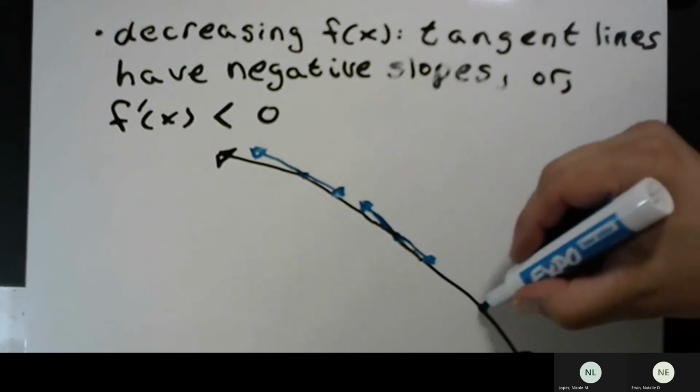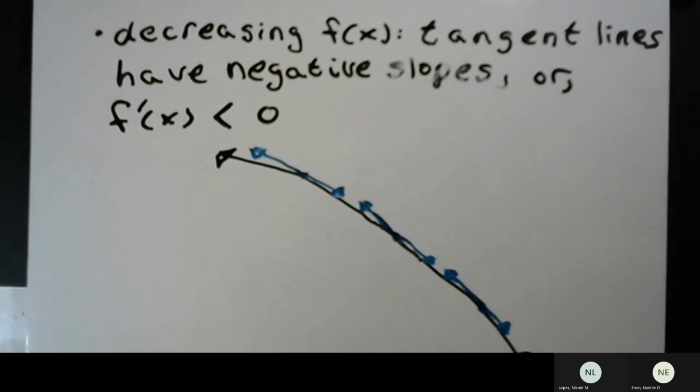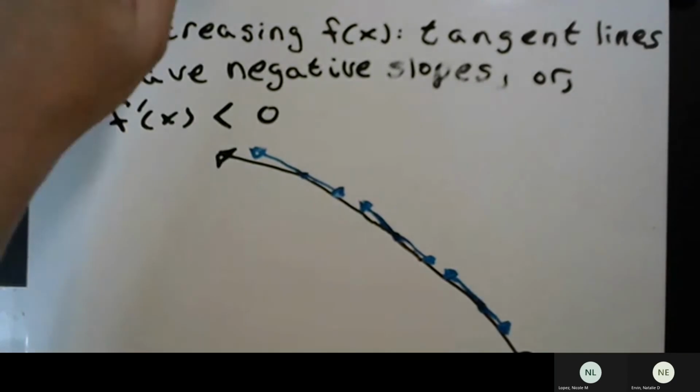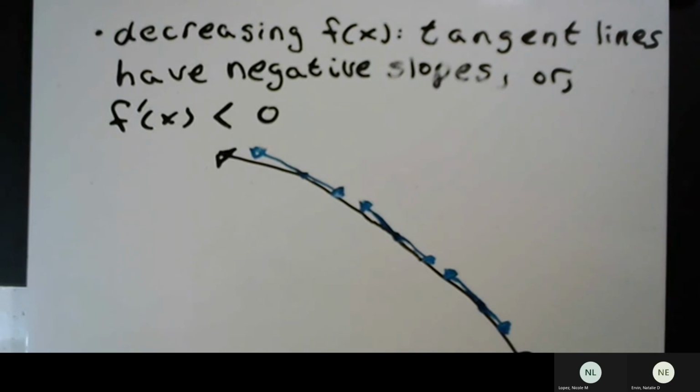And again, we have one here. The tangent lines have negative slopes.